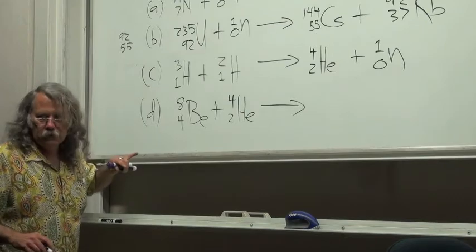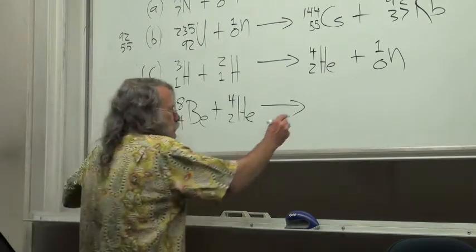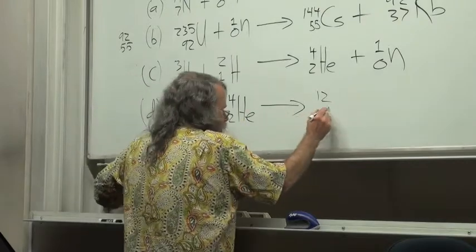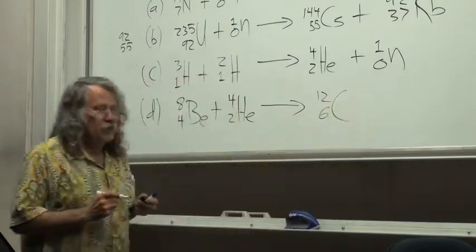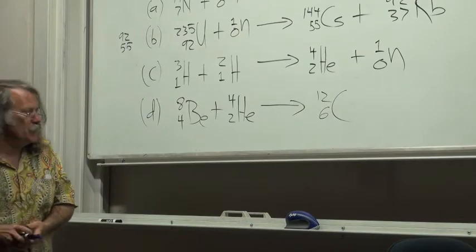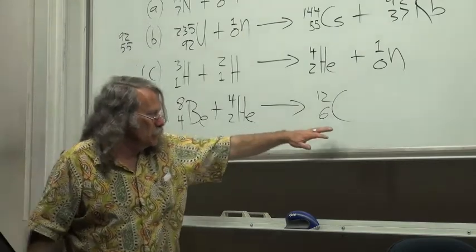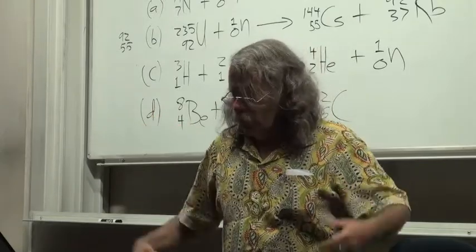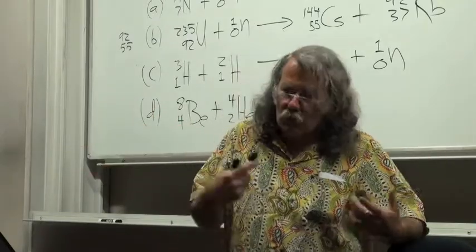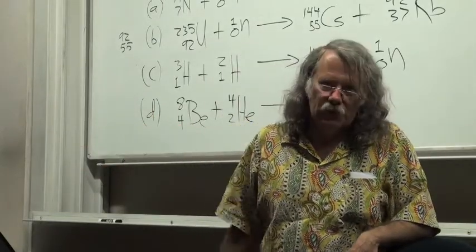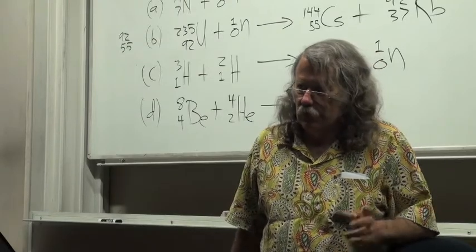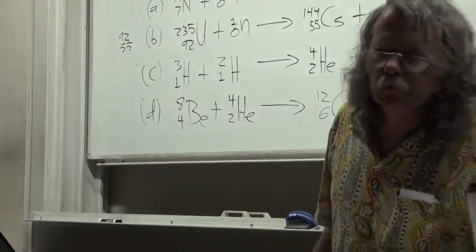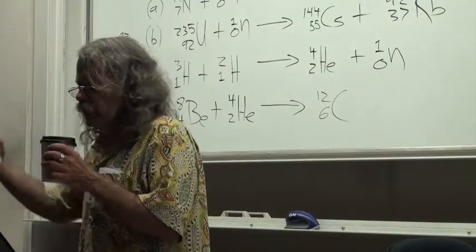A wonderful element. 12, and what's that? 6 carbon. This is proposed to be the mechanism by which nucleosynthesis produces carbon in stars, which is where we got the stuff that we're made of. So we're all basically solar radiation that got together. They're solar processes, all solar energy.